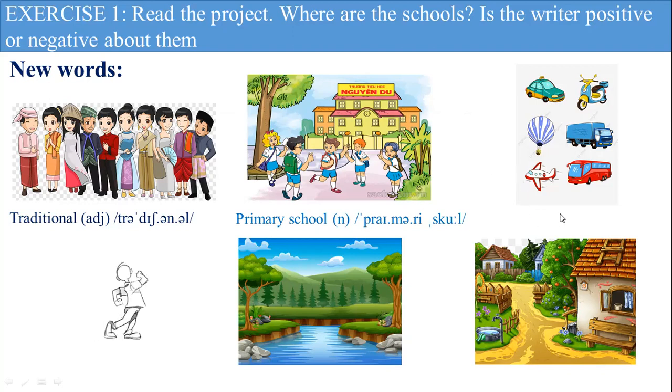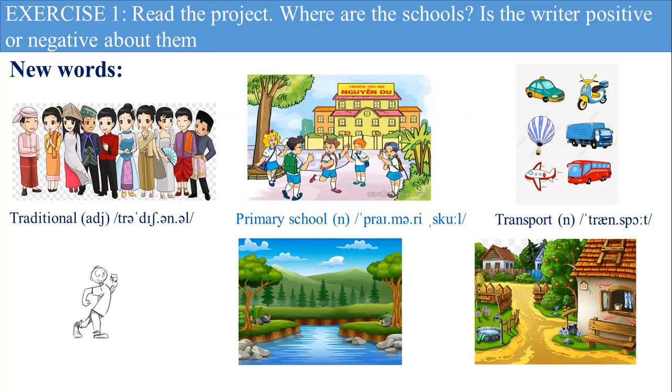Now, picture 3. Car, motorbikes, planes, buses are means of transport. Transport. Now, how can we say transport in Vietnamese? Yes, that's right.